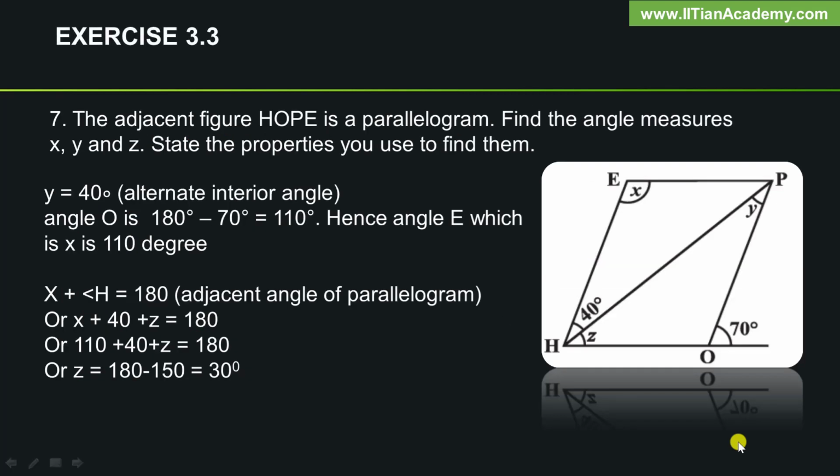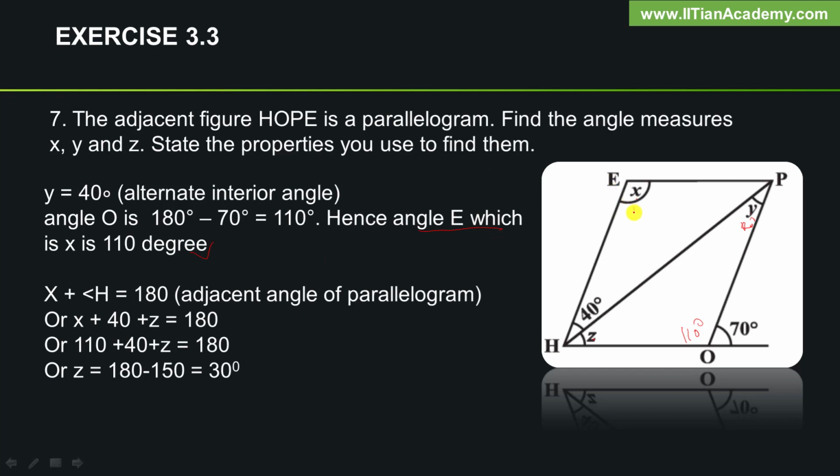Question 7. Here, we have to find x, y, and z. Here, you can see HOPE is a parallelogram, and HP is a diagonal. Hence y is equal to 40, as they are alternate angles of diagonal HP. Now this angle O is 180 degrees minus 70 degrees equals 110 degrees. Hence angle E, which is x, is 110 degrees.